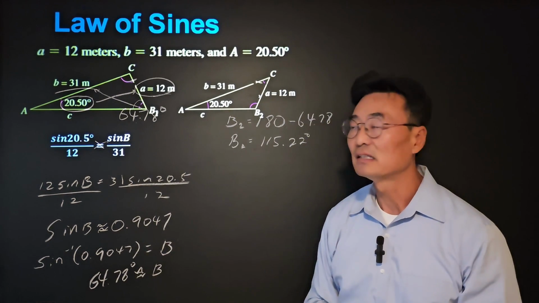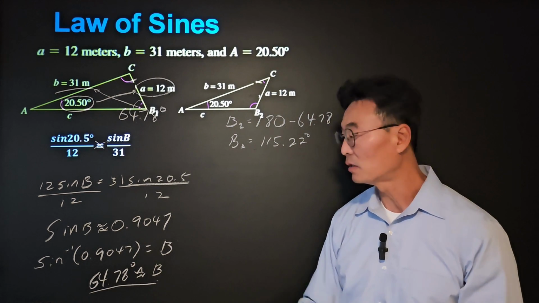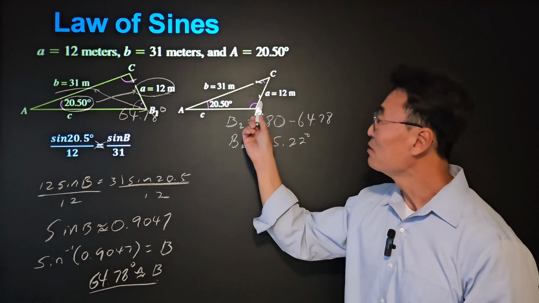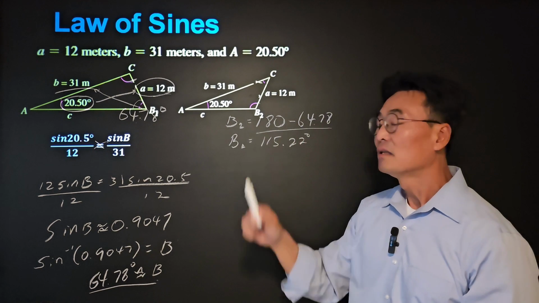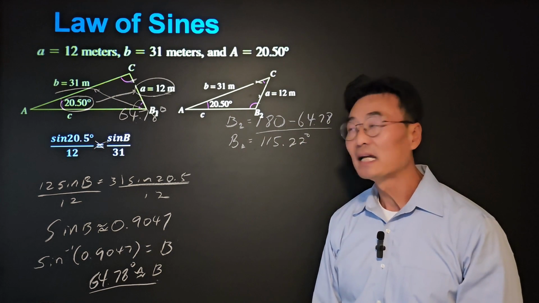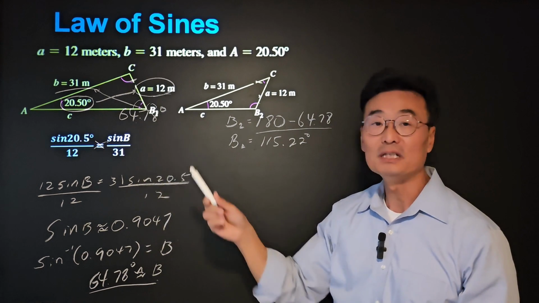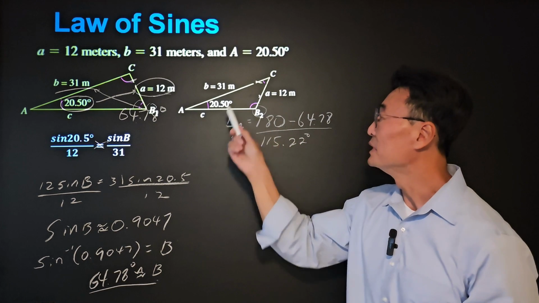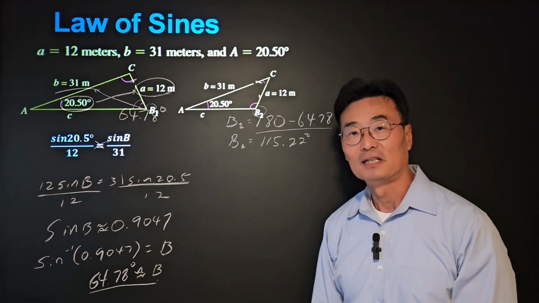And another key is that once you find the angle of the first triangle, the same angle of the second triangle can be found by subtracting it from 180, because the first triangle's angle B and B2 of the second triangle are going to be supplementary.